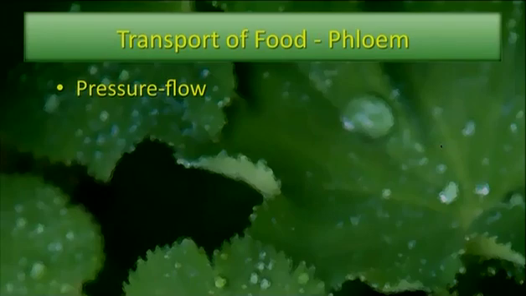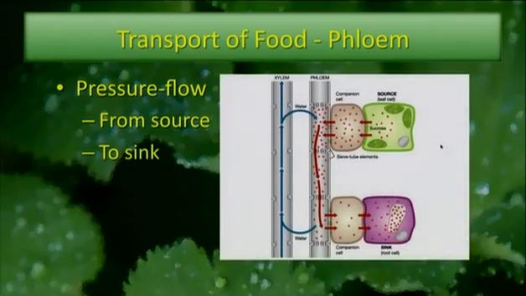That means generally food will flow from a source such as a leaf, where food is made, and it goes to a sink where the food is stored or where the food is used. Here we see the source, which is a leaf cell producing sugar through these chloroplasts.